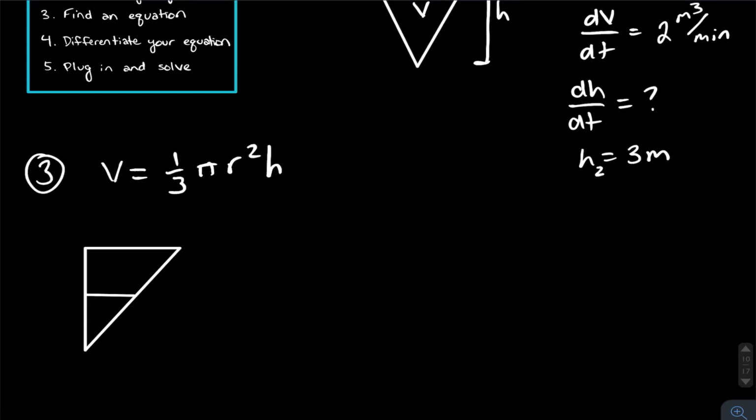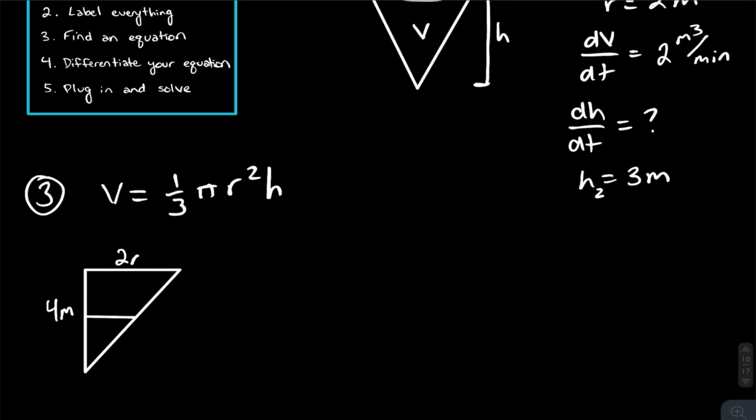We know that the height of the entire cone is 4 meters. That's where the height goes. And the radius of the cone at the top is 2 meters. So we know the ratio between those two has to stay the same. This height right here, h, needs to be proportional to the radius in the same way. So we can set up a proportion.